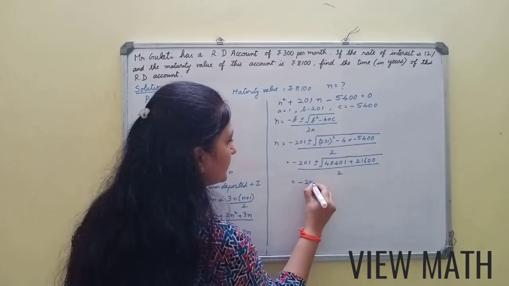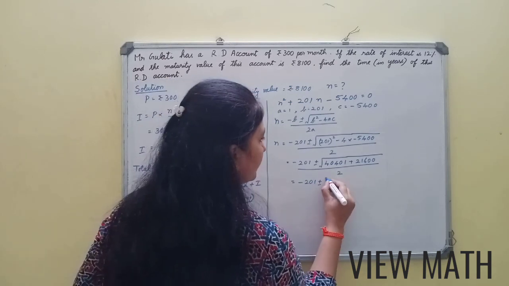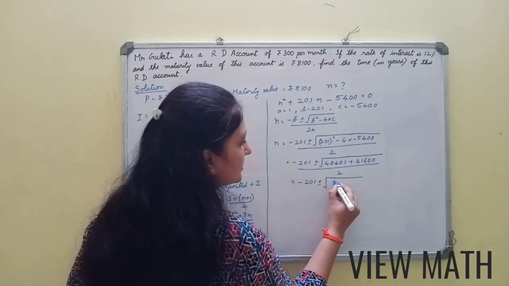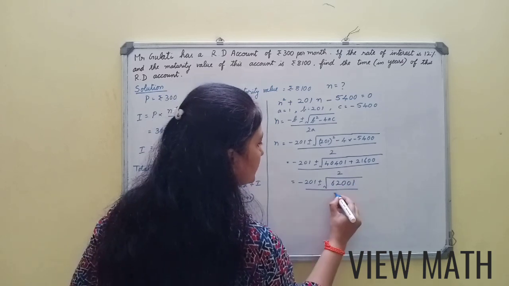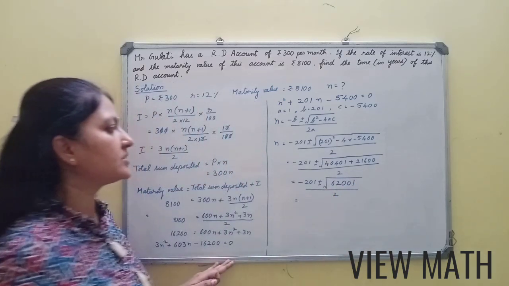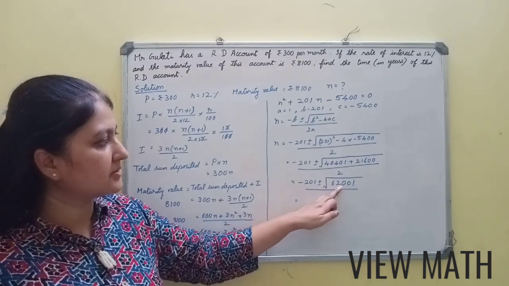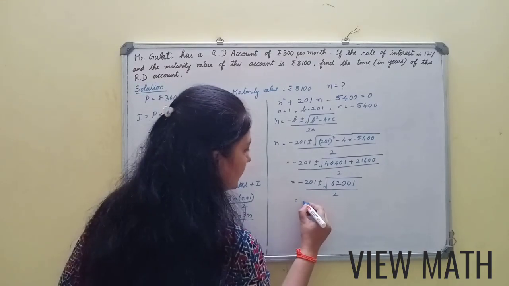Now I will be getting minus 201 plus or minus square root of, so if I add I am getting 62,001, divided by 2. Again using long division method find out the square root of 62,001. You will be getting 249.